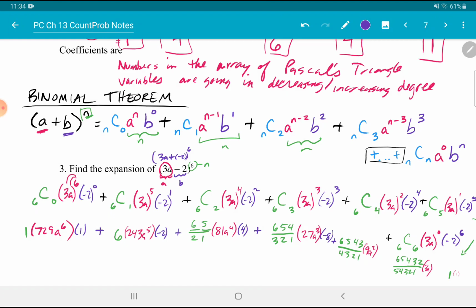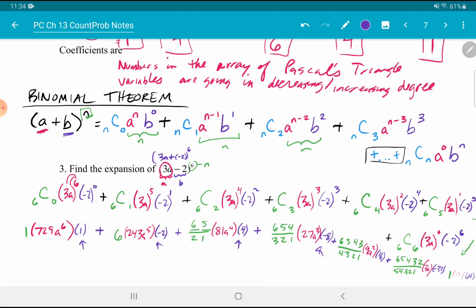That'll give us a value of positive 16. And then we're adding that to negative 2 to the 5th. Notice how, because that negative is inside the parentheses, every single time the values are alternating between negative and positive, right? So here we're going to have negative 32. And then finally positive 64, like that.